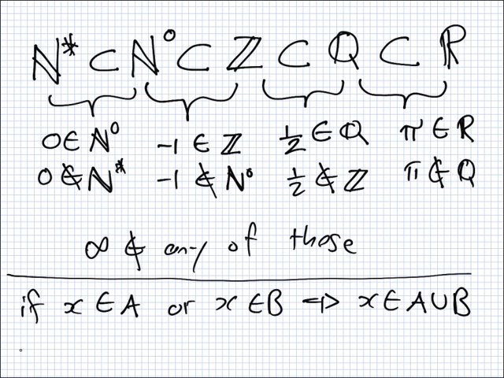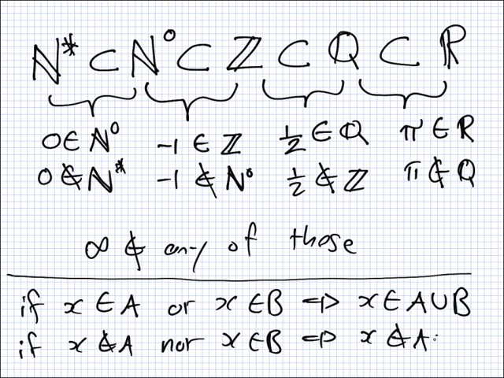And likewise, if x is not in A nor B, then will it be in the union? No. Okay? So basically, union just sticks the two sets together. And an element has to be in one of the original two for it to be in its union.